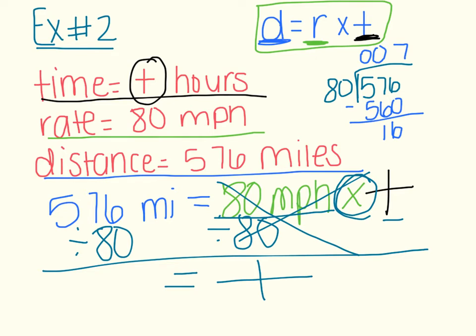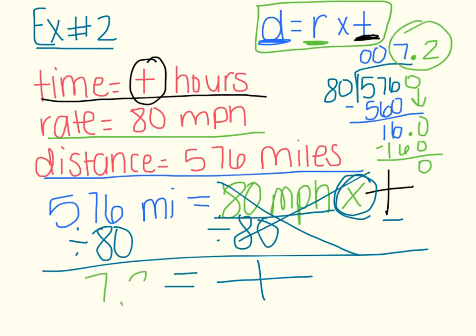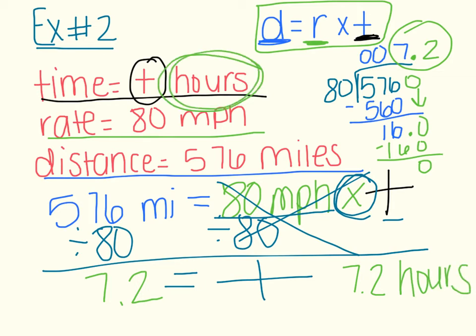Now 80 can't go into 16, so we have to add a decimal and bring it up, and a 0. Now 80 goes into 160 2 times evenly. So we get 7 2/10 as our answer. So it's 7 2/10 hours. And I got hours because it's up here next to my variable.